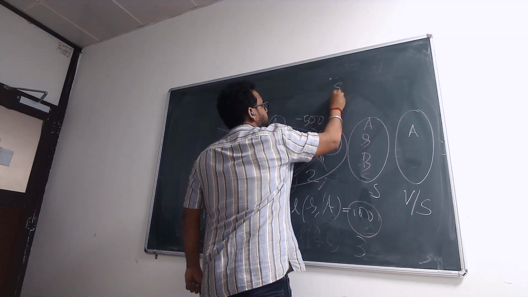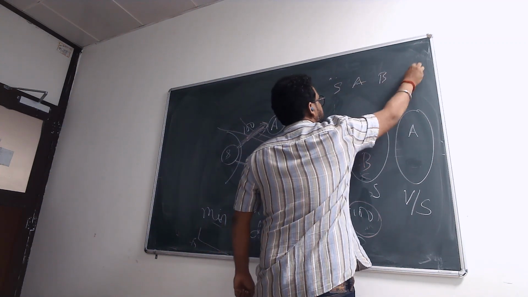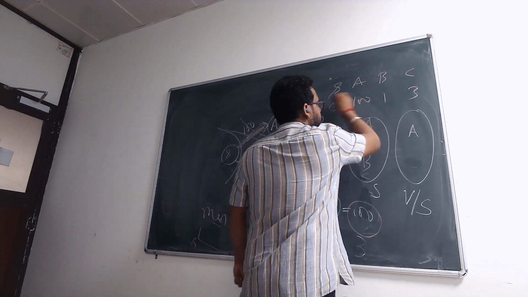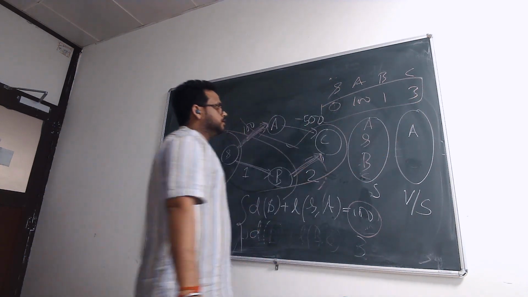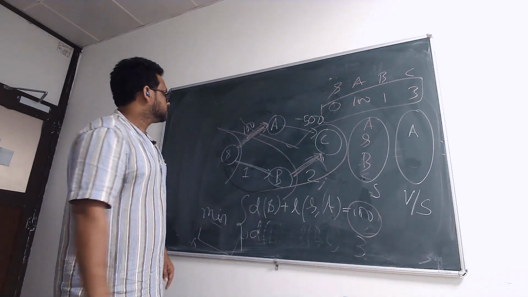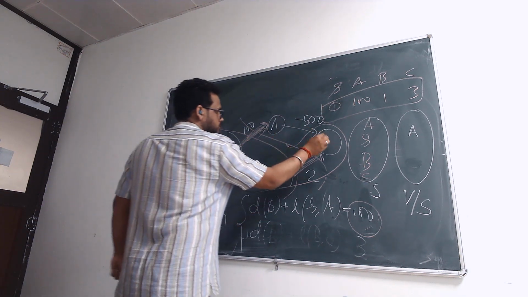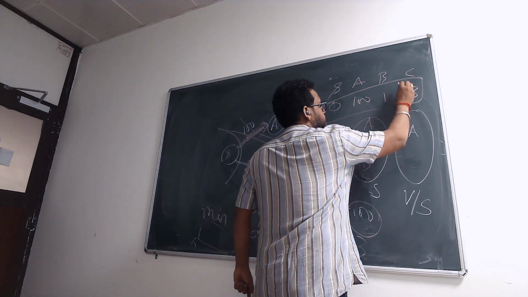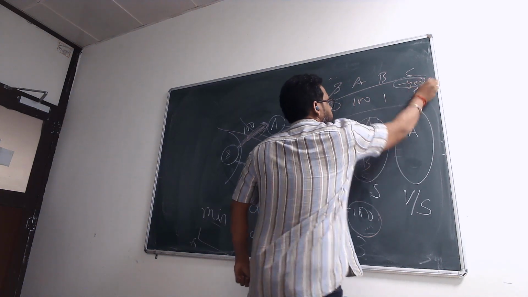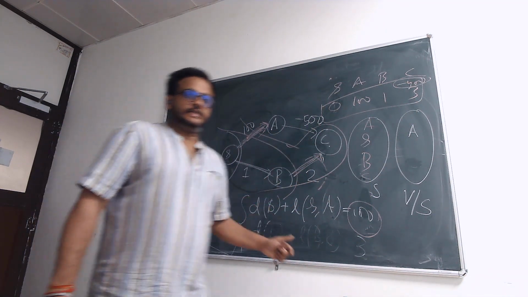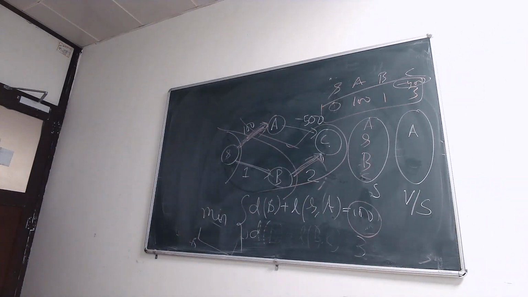I've written it down: S, A, B and C are 0, 100, 1 and 3 as per Dijkstra's algorithm. But we know that the correct distance from the root node to node C is minus 400. So Dijkstra's algorithm fails here. Right? So this is one example where Dijkstra's algorithm fails.